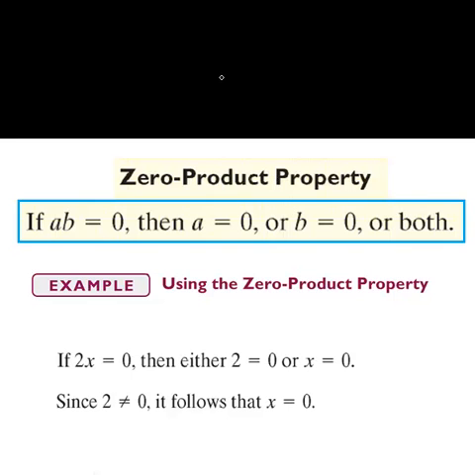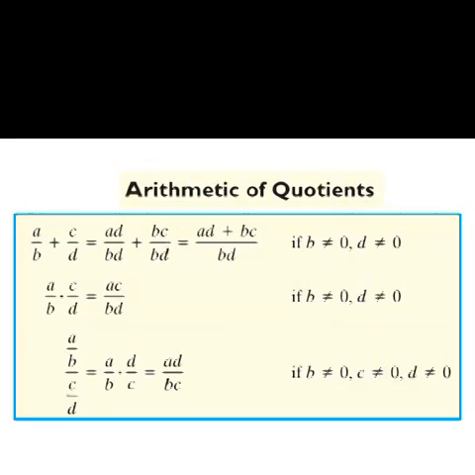So we set each factor equal to 0 and solve the equation. For example, we have 2x equals 0. That means either 2 is equal to 0 or x is equal to 0. Well, we know that 2 is not equal to 0, so x must be equal to 0 in order for this equation to be true. Here we're using the zero product property. We will use this many times.